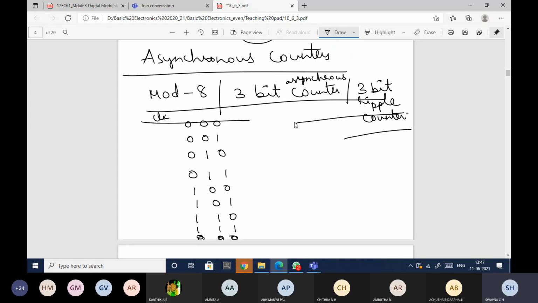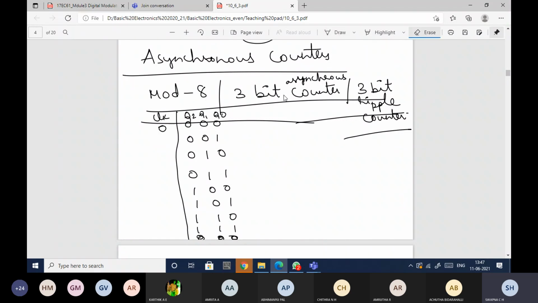Here I'm counting the clock pulses. Let this be the output of the flip-flops, so Q2, Q1, Q0. Now see here what should happen. Initially I will not give any clock and I'll make all the flip-flops equal to 0.